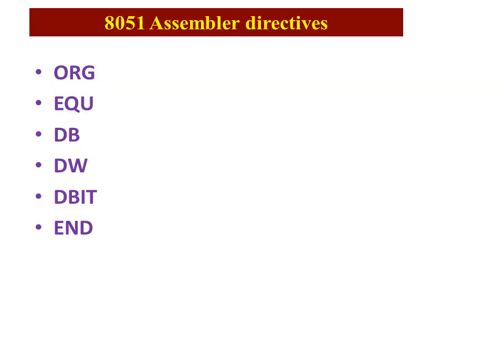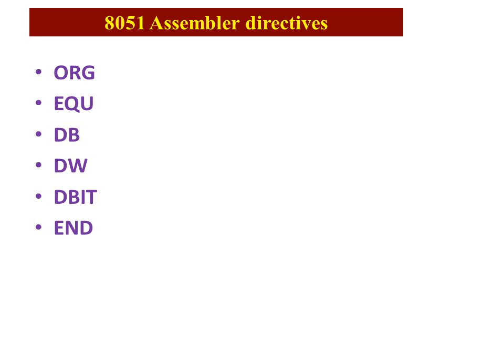Similarly, directives. Actually, these are not instructions, but if you want to write a complete ALP program, these assembler directives will help the assembler. Once again, these are not instructions; they help the assembler for smooth running and execution of your assembly programming.